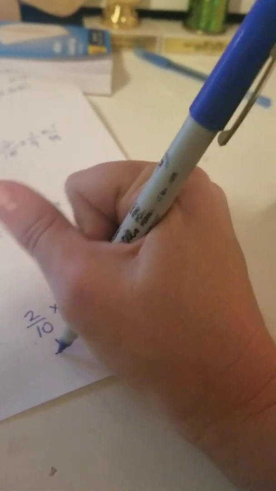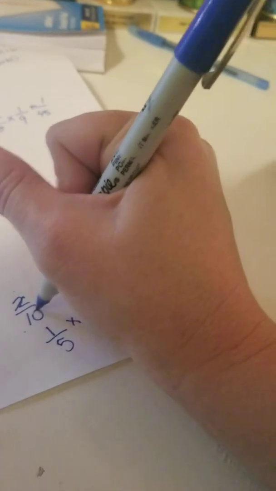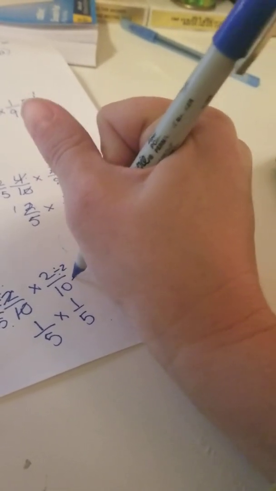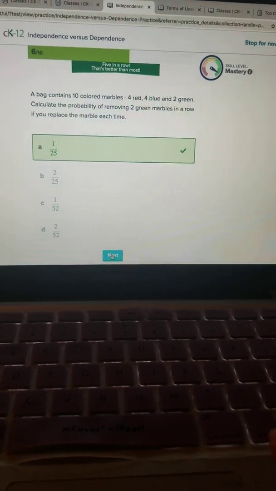So 1 over 5 times 1 over 5. I just simplified it by dividing 2 in the top and bottom. 1 over 5 times 1 over 5 equals 1 over 25. And that was because it was independent. We replaced it. We put it back in.